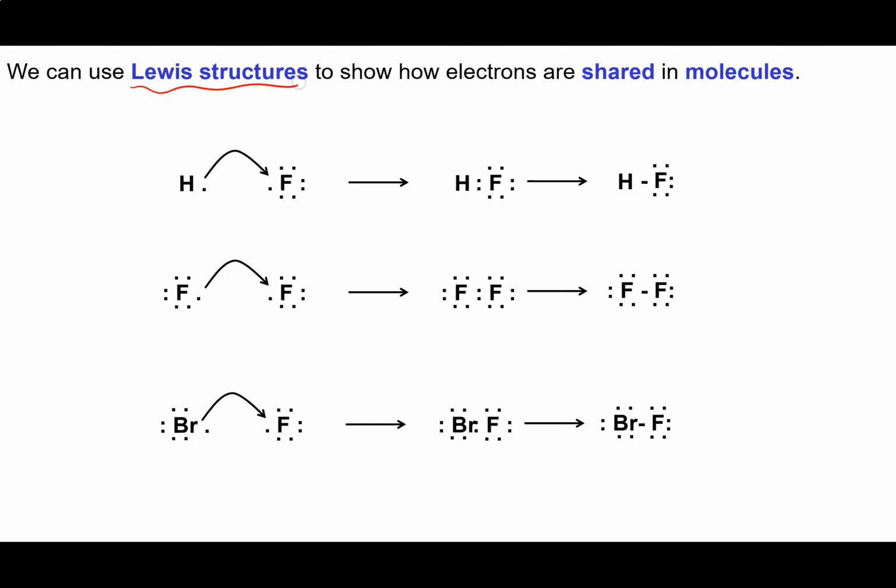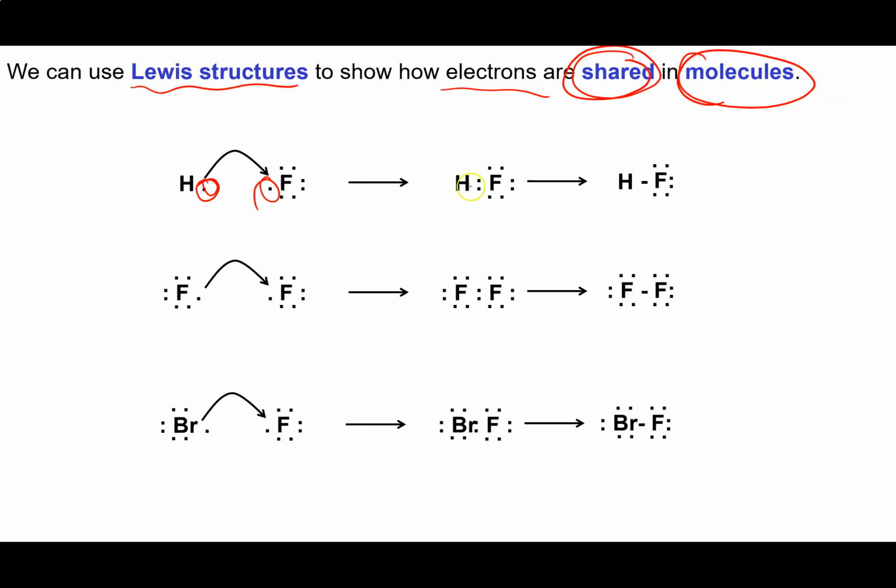Lewis symbols can also be used to show how electrons are not transferred but shared in covalent molecules. So here we can see what happens when a hydrogen atom starts interacting with a fluorine atom. These guys are going to pair up their single electrons.